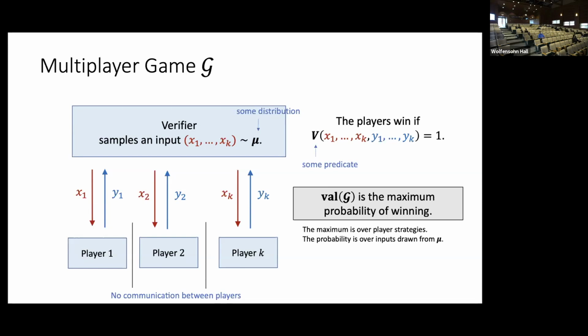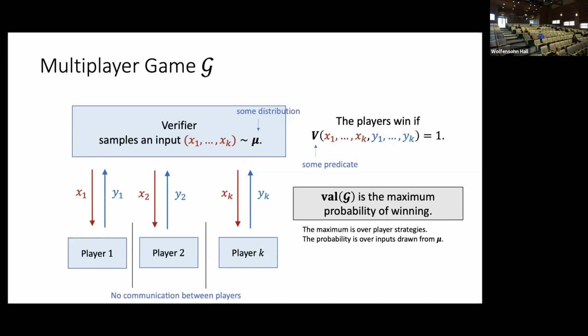And we say that the game is won on input x and answers y if the predicate V of x comma y is 1. We say that the game is lost on input x and answers y if the predicate is not satisfied. So this is a multiplayer game, and the goal of the players is to maximize the probability that this predicate is satisfied.